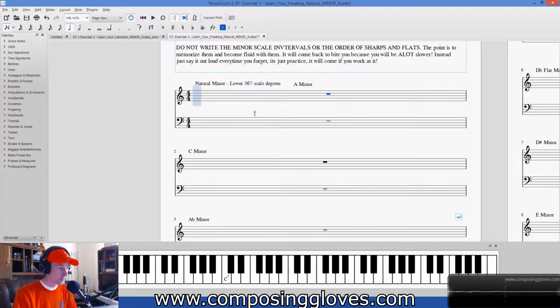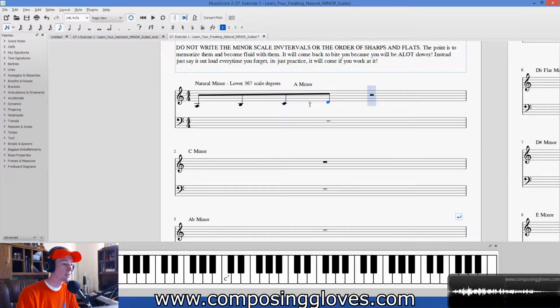So let's build one. When you're making scales, I'll start down here. Two ledger lines below is an A, for those who are not super familiar with their ledger lines. When making scales, we must follow the rule that every line and every space gets a note.